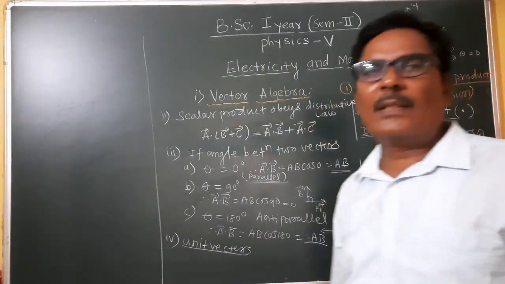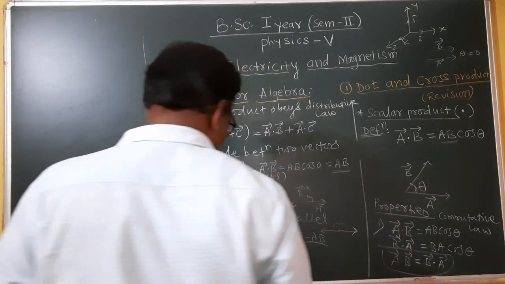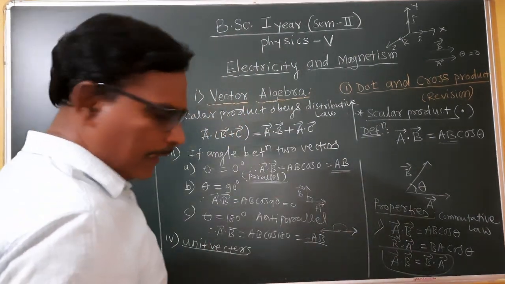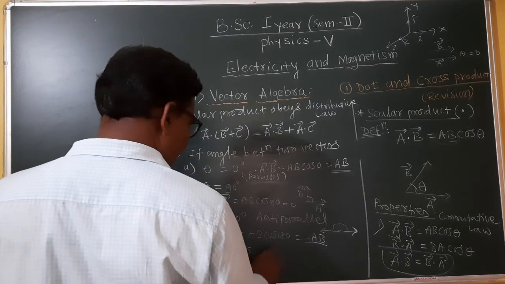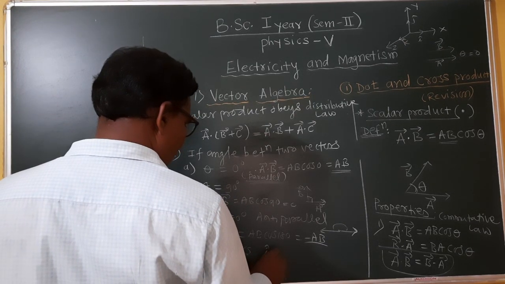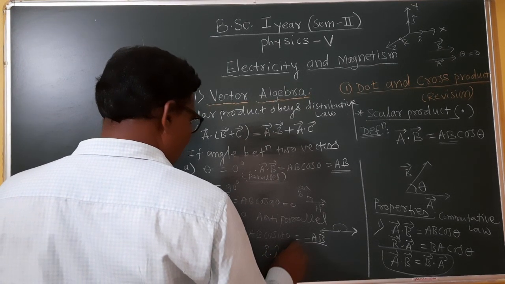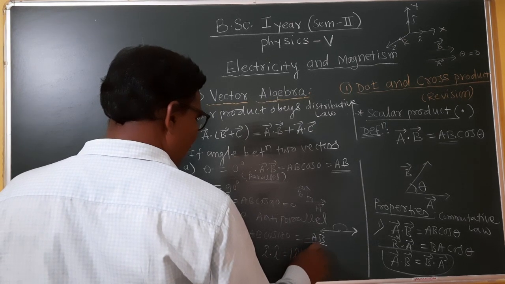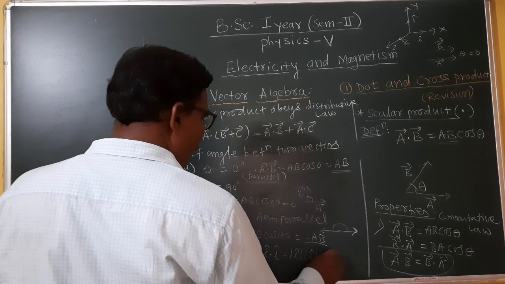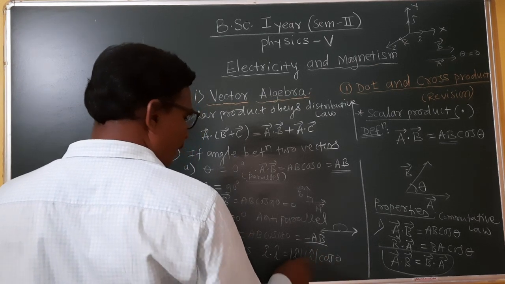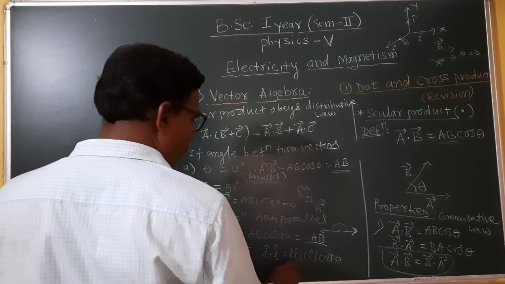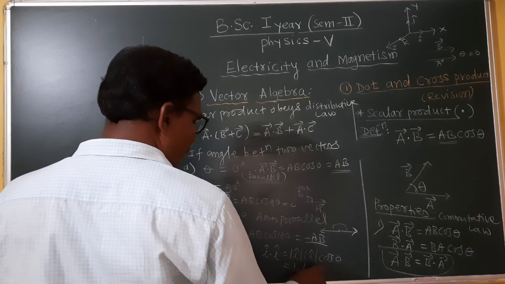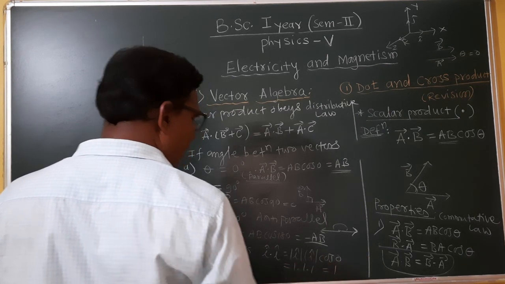And what is the unit vector property? I cap dot I cap is equal to magnitude of I into magnitude of I into cos 0. What is its magnitude? 1. The magnitude is 1 and cos 0 is 1, so that is equal to 1.